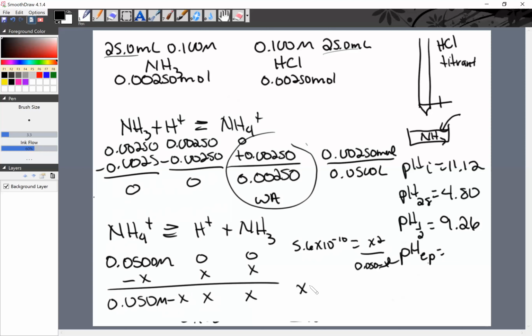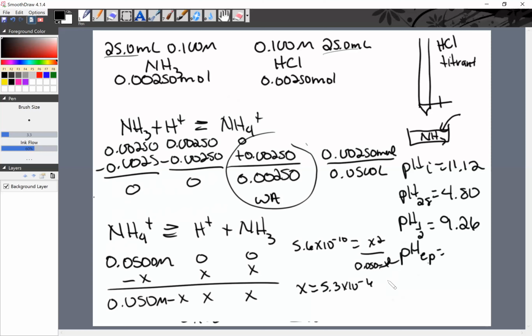Make the assumption and plug and chug X. Got 5.29 times 10 to the negative 6.